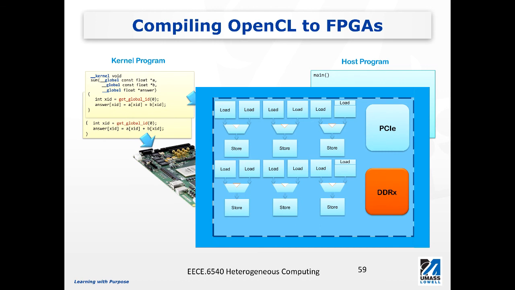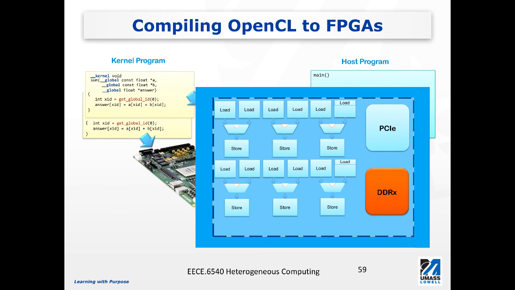Now, once we have the host side program and the kernel program, we can compile this whole application and run it on the FPGAs. This is where the vendor SDK comes into play. From Intel Altera, it has an OpenCL SDK, which is a licensed software toolkit.